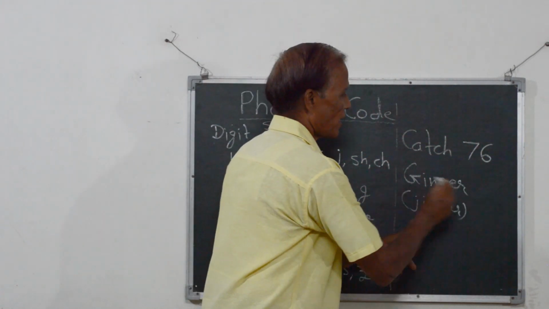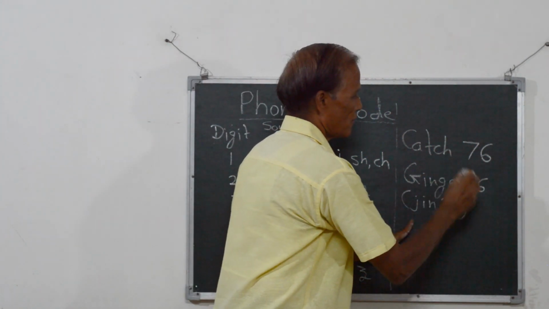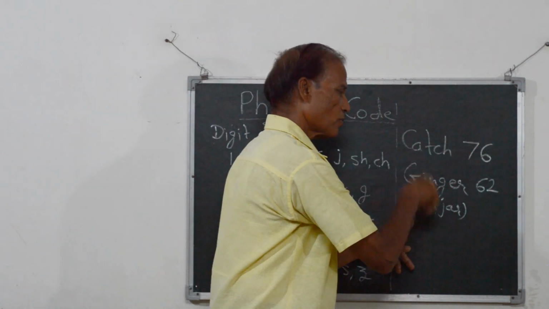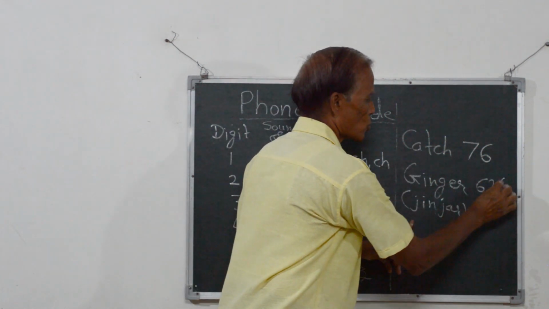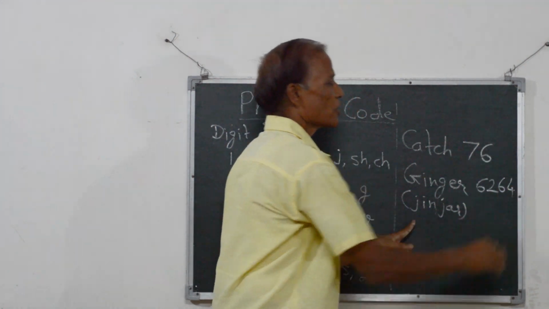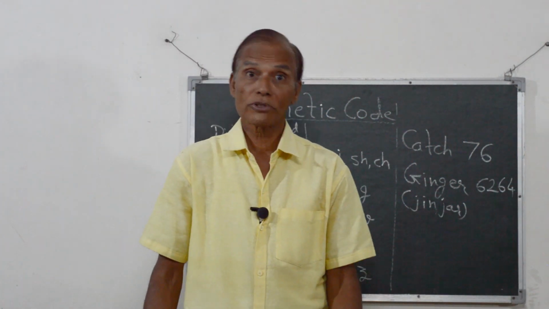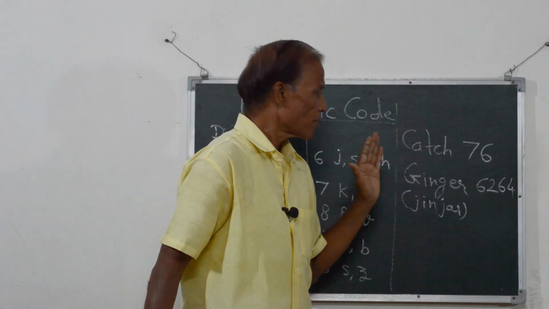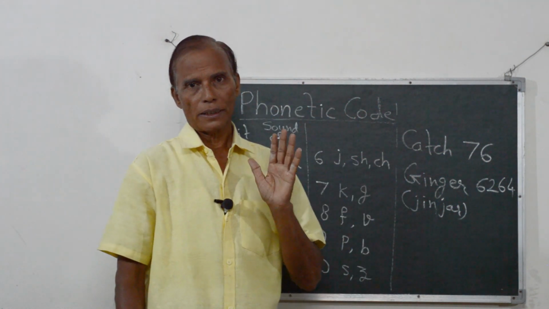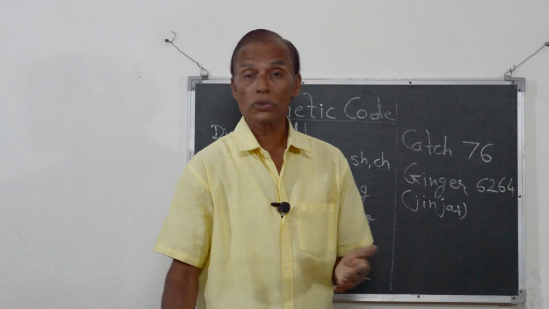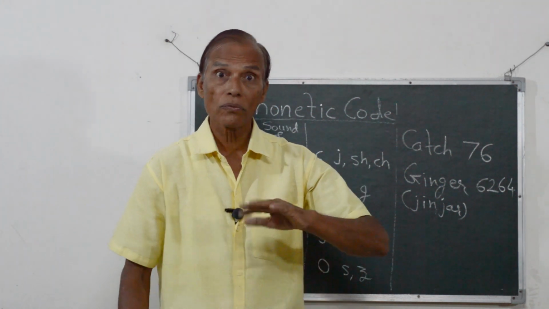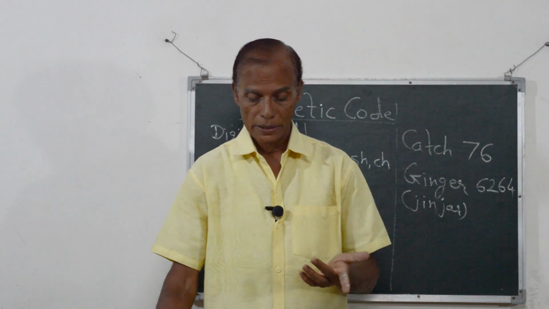That is in fact 6, then N will be converted into 2. This again is pronounced as J, so 6 and R. This is the conversion of ginger, 6 2 6 4. This is a very important thing to understand, otherwise you will get confused while conversion and you will miss some digits, or you will wrongly put other digits there.